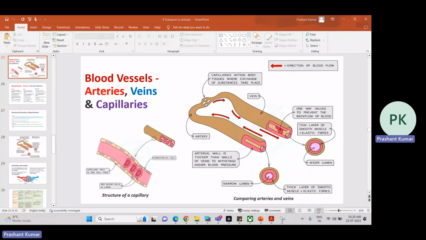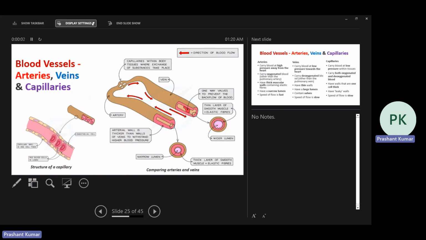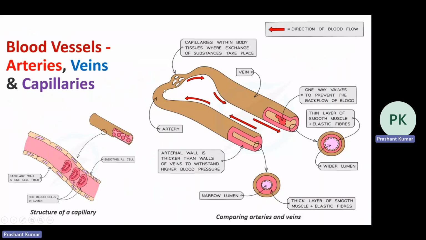In the previous section, in part 1 of this video, I discussed all the structure and parts of the human heart, the functioning of the heart, and I've also covered CHD, the causes and reasons behind it, and how we can reduce the chance of CHD. This video is the second part of that topic, where I am going to cover all the blood vessels: arteries, veins, and the blood capillary. So let's begin.